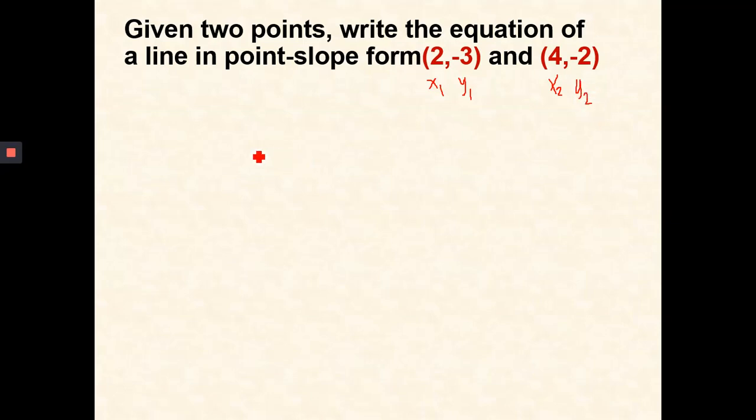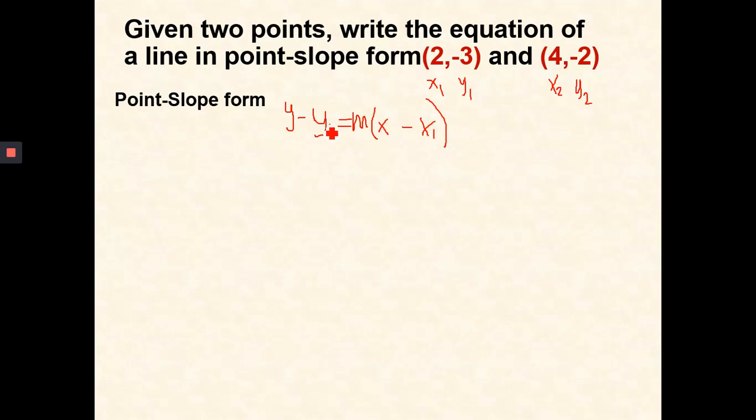Okay. Why are we going to do that? Remember, what was the formula of point slope form? Y minus y sub 1 is equal to m multiplied by x minus x sub 1.